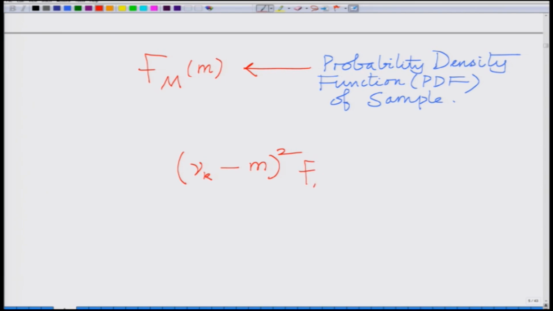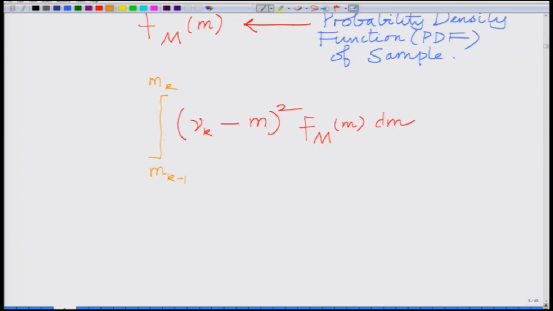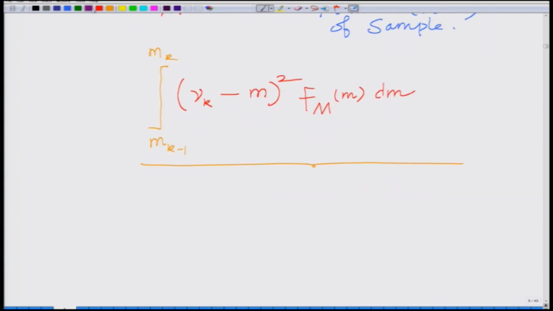Now, I have to weigh it by the probability density function and integrate it in this interval, to compute the average over this interval m k minus 1 to m k. I have to integrate it between the limits m k minus 1 to m k, and this gives me the average quantization error corresponding to the level nu k in the interval m k minus 1 to m k.